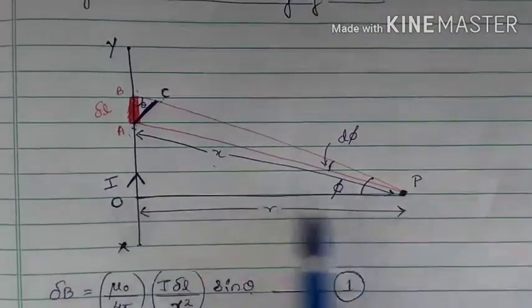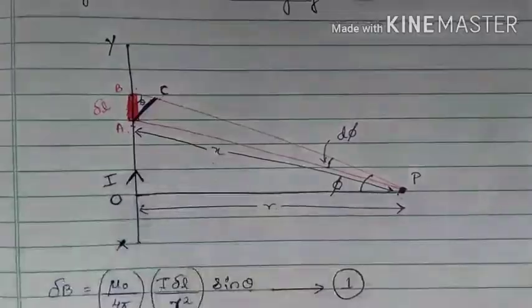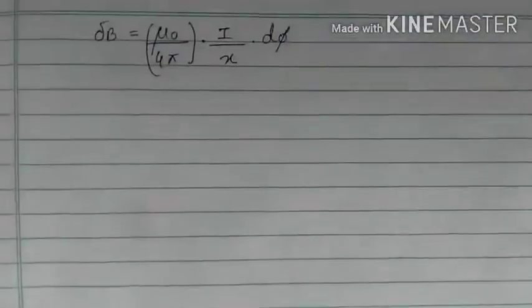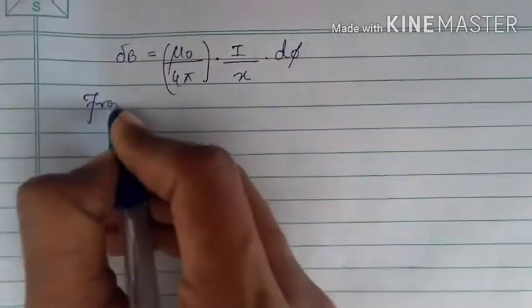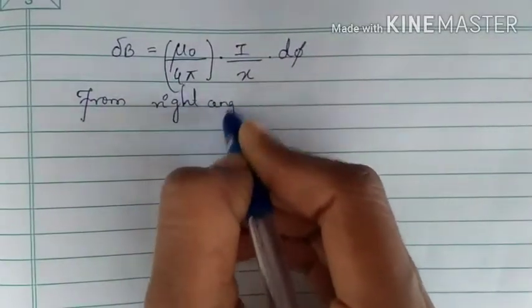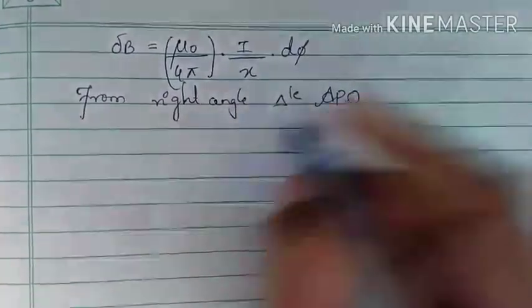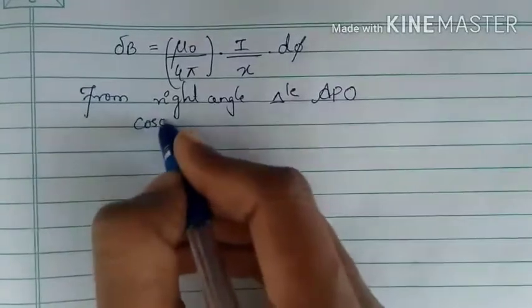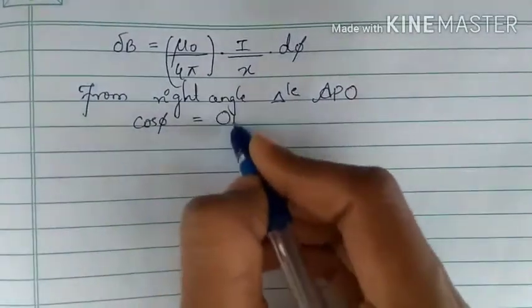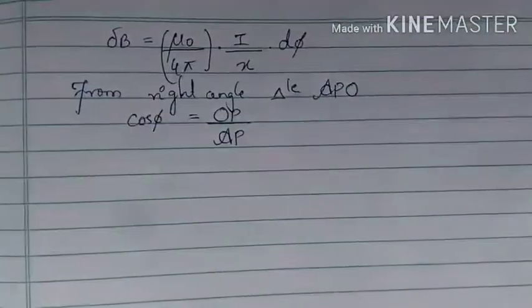So that is OP divided by AP. This side will be the opposite side. So from the right angle triangle APO, cos phi is equal to OP by AP.